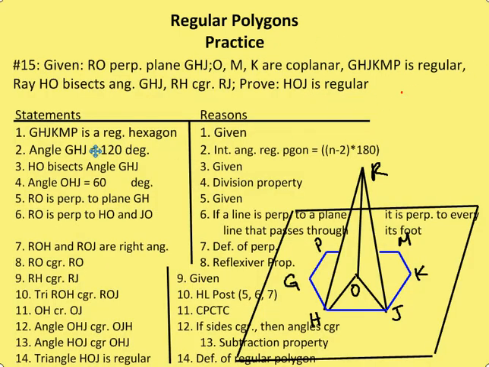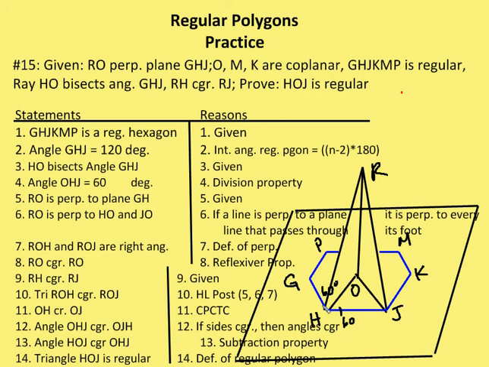So each interior angle in a regular hexagon is 120 degrees. Now I know that HO bisects angle GHJ, that's given. So I can say that angle OHJ is equal to 60 degrees, or half of 120. So OHJ now is 60 degrees, or half of 120. I can also say that GHO is 60 degrees, right?